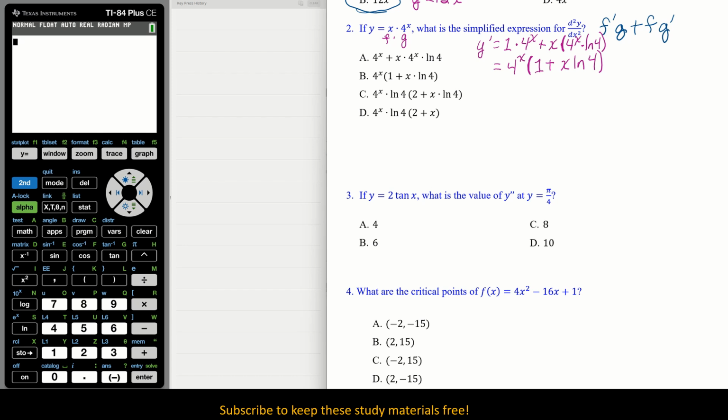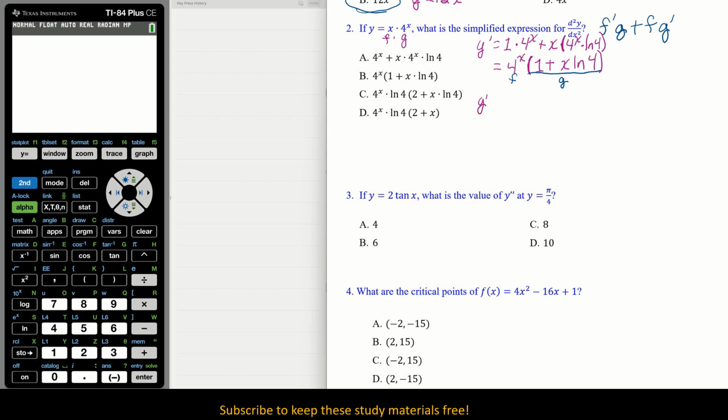We need to remember that we're multiplying two things together, and we're applying the same formula of f prime g plus f g prime. So 4 to the x is our f, and all of this is our g.